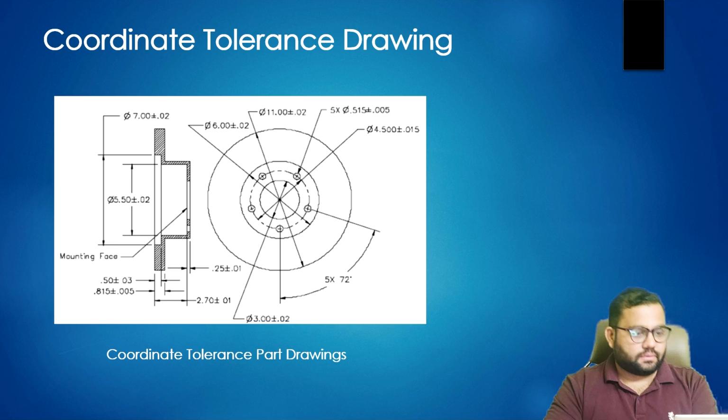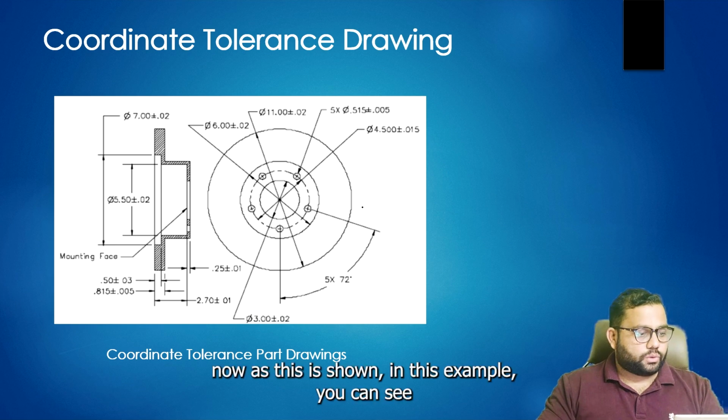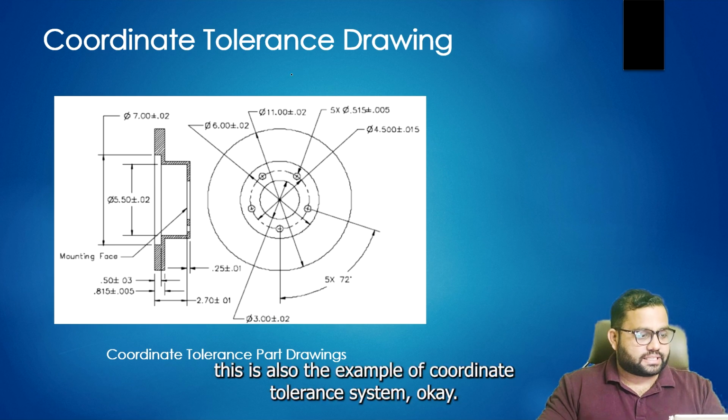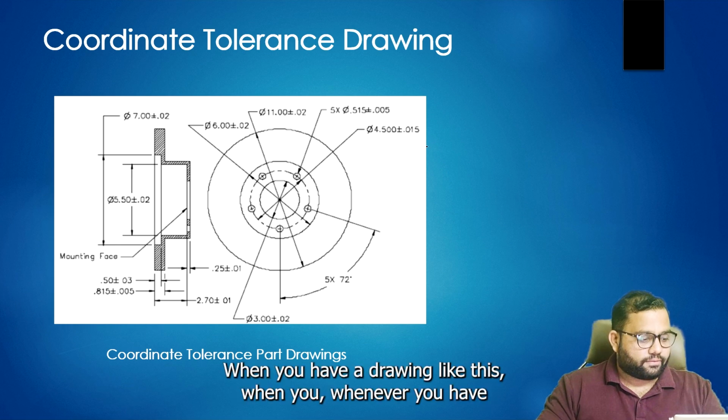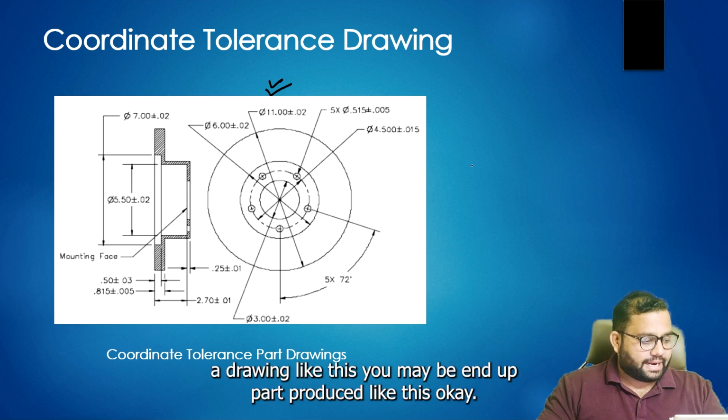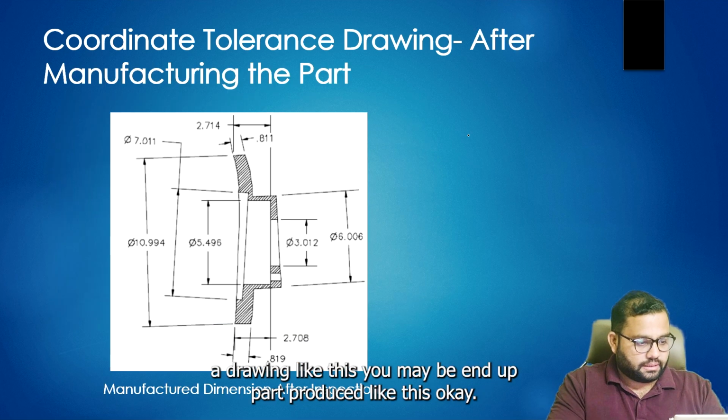Now, as shown in this example, this is also an example of the coordinate tolerancing system, where you find all the dimensions with plus minus tolerances. Whenever you have a drawing like this, you may end up with a part produced like this.